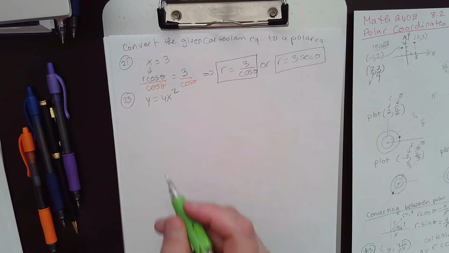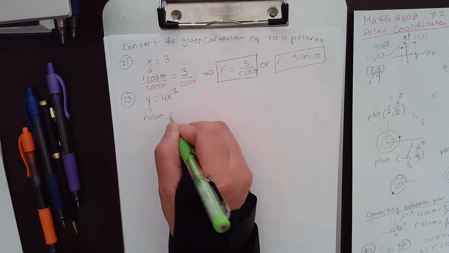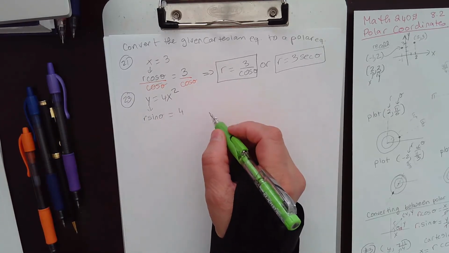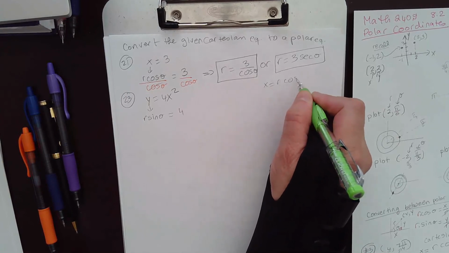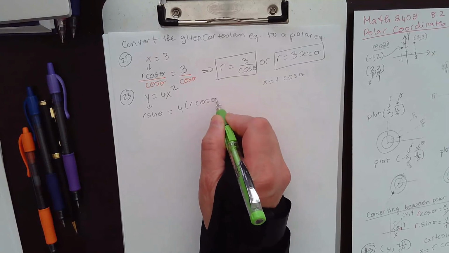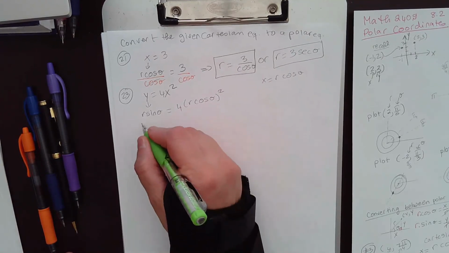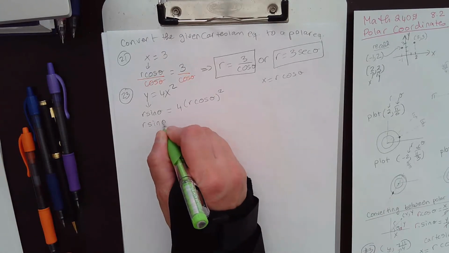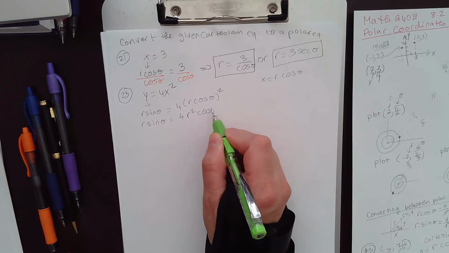Now remember, y is r sine theta equal to 4. x is r cosine theta, right? So this is r cosine theta squared. Now simplifying this, r sine theta is equal to 4r squared cosine squared theta.